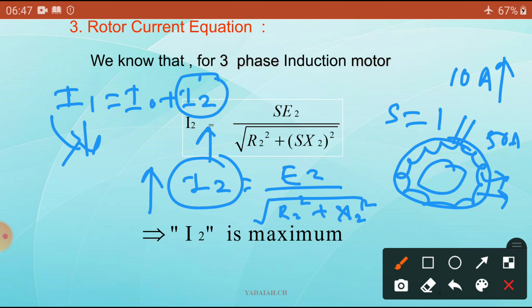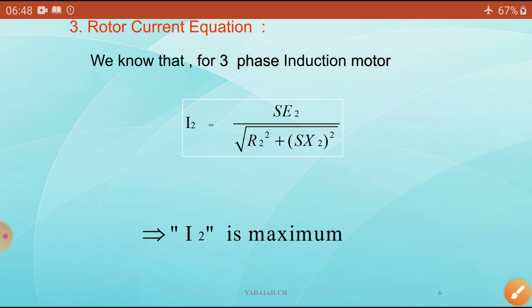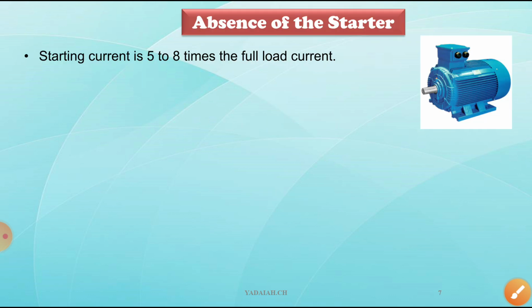Okay, so here let us conclude. What will happen if there is no starter to start our motor? We have discussed this, let us summarize it. The starting current is 5 to 8 times the full load current.